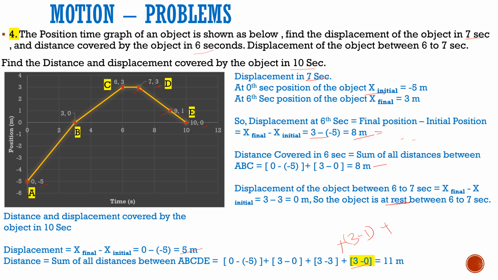So it is like the mod of the whole thing, a positive value. So we'll say 1 minus 0. Instead of doing it together, every hop point we need to take care of. So it will be 3 minus 1 and then 1 minus 0. Finally, it will be 11 meters. So we can see straightforwardly that the displacement by the end of 10 seconds is 5 meters, whereas the distance is 11 meters.